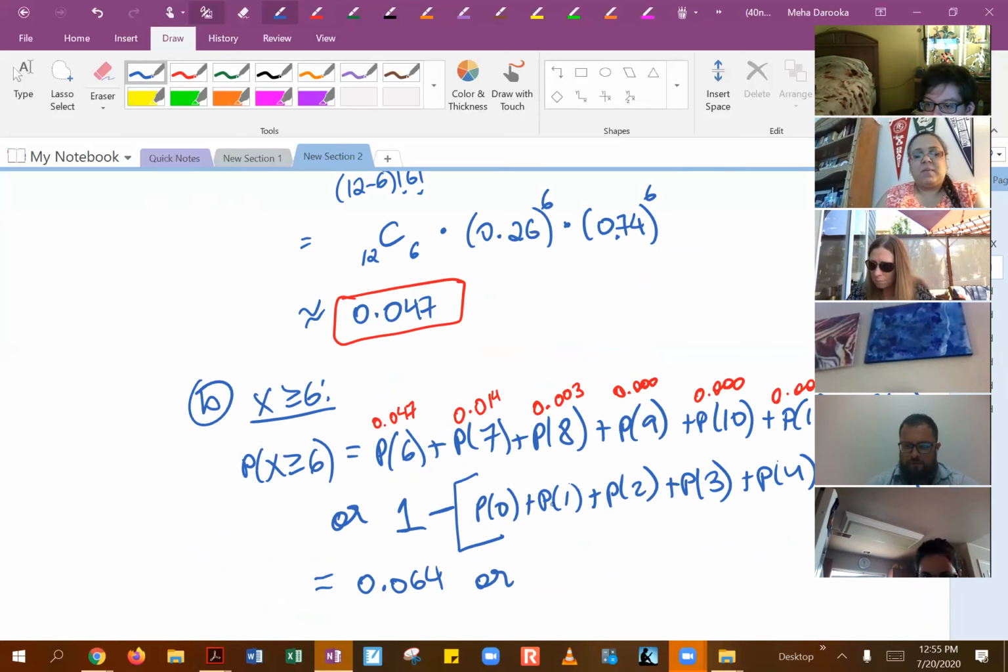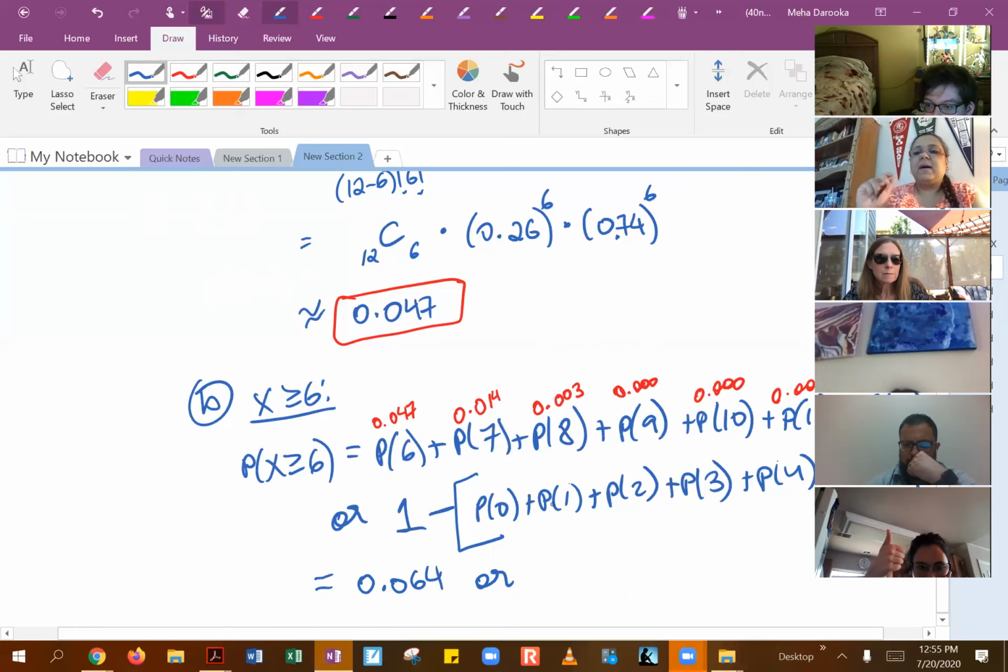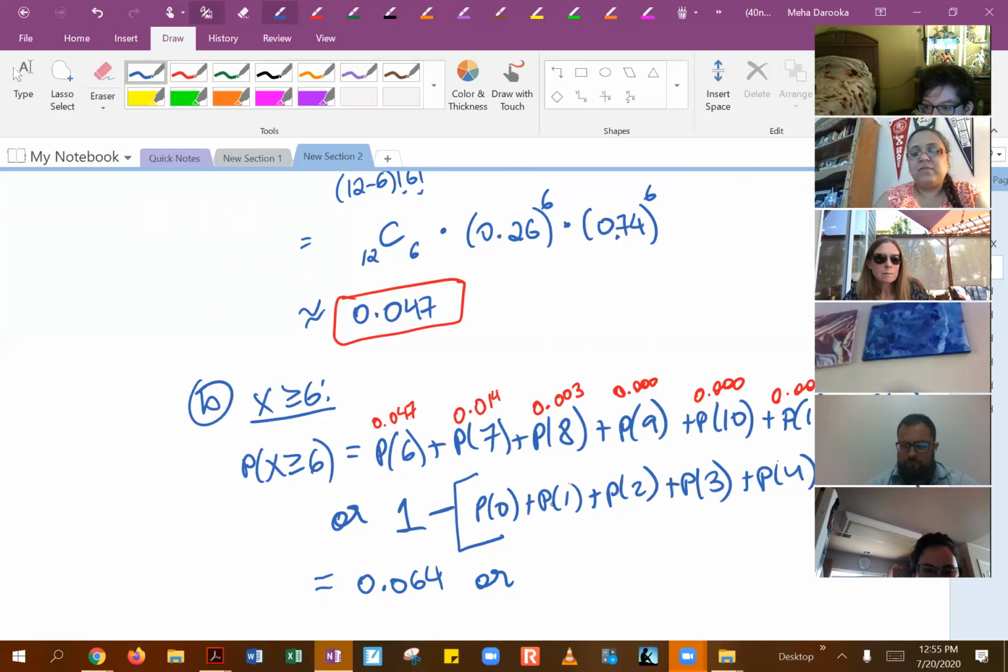You did not do the complement way. So Lily, you did each individual numbers from 6 to 12 and then added them. Yeah, so that's actually what I wanted to highlight over here, guys. When you do it the traditional way, going from 6 to 12, you are actually going to get 0.064.